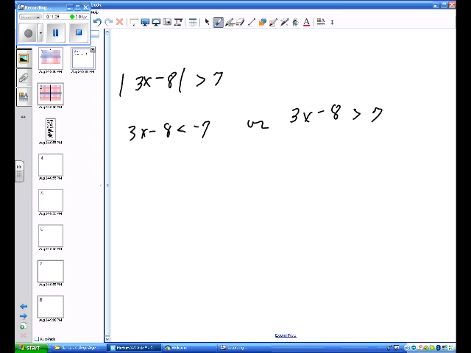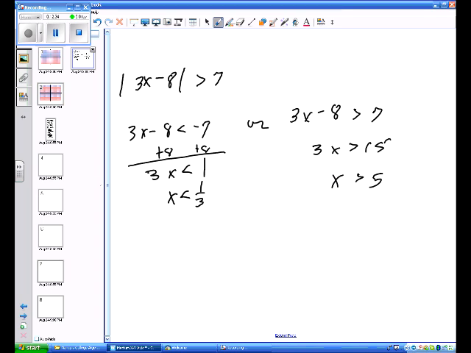And it's kind of a case of when we did that negative, we switched our sign. There's another way that we could look at it, where you would actually see that that's what we're doing: we're multiplying through by a negative, so we actually switched the sign. So we have two separate statements, and we solved them separately. So we'll add 8, have 3x is less than 1, divide by 3, x is less than 1/3. Add 8, so 3x is greater than 15, divide by 3, x is greater than 5.